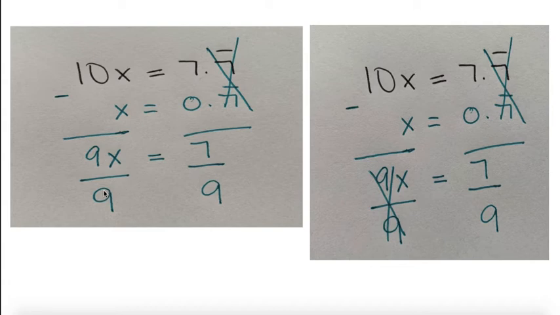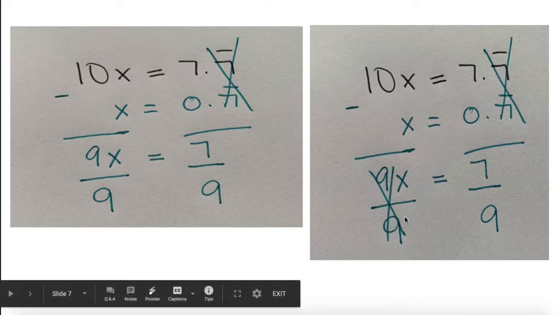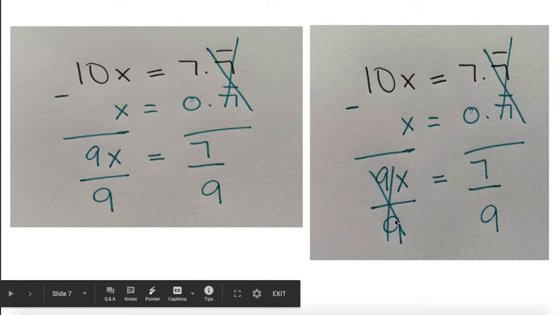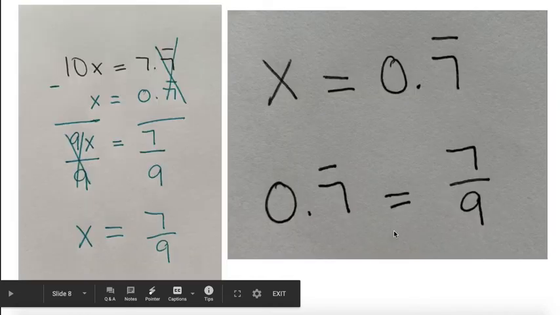So we divide by 9, and we divide by 9, and here I'm showing that since these are the same number, we can just cross them out. They cancel each other out. Once we cross out those 9s on the left side, we only have x left. That's all that's left. x equals, and then we have a nice fraction here, 7/9.